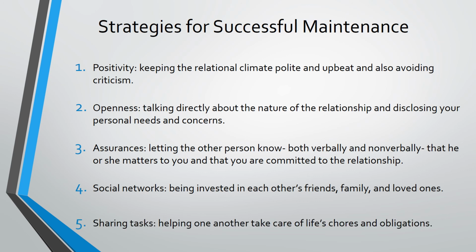Number 5, sharing tasks. This is by helping one another take care of life's chores and obligations. So is there a random act of kindness that you can do for your partner? Taking on one of their tasks, helping them get one of their duties done? That would be helpful and also show them just how much you care.